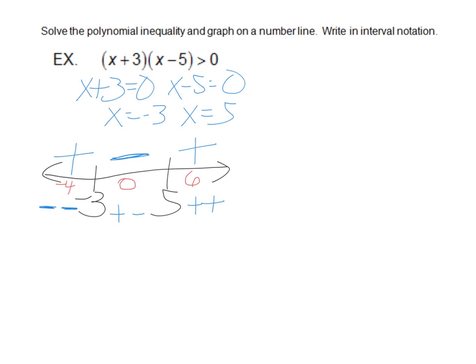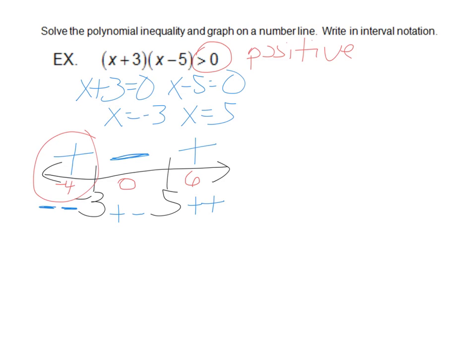So I can see around my zeros if my graph is going to be positive or negative. Now look at the original inequality, and you can see it says greater than 0. If we're looking for things that are greater than 0, we're looking for the positive intervals. There are two of those on our number line. The first one runs from negative infinity on the left to negative 3.